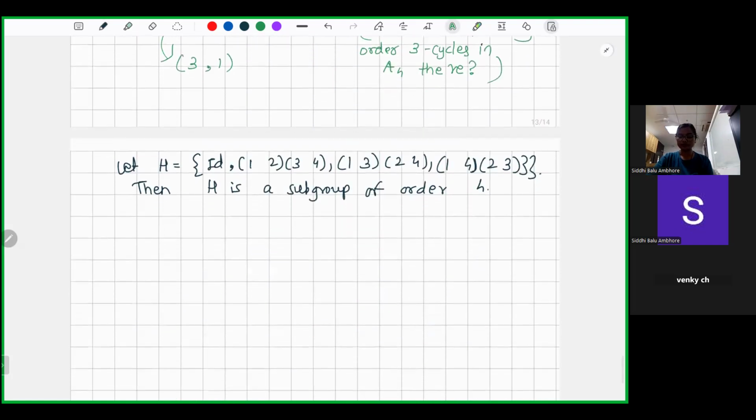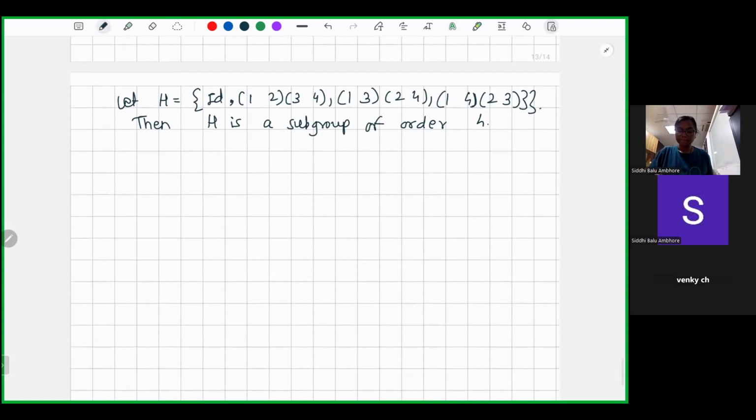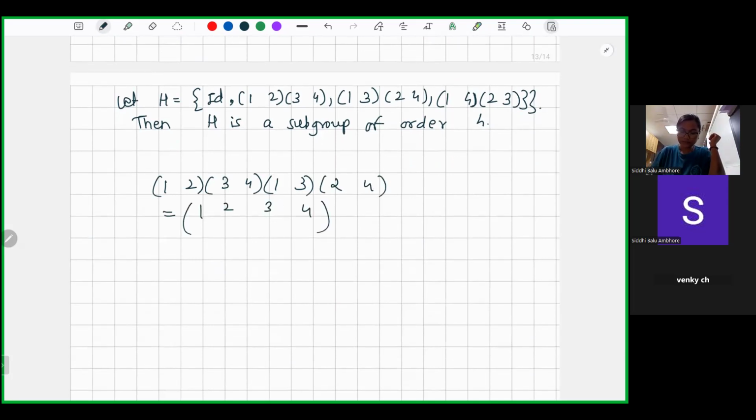So it's enough to, since the inverse and the element are the same, the elements are self inverse. So if I do this 2 4, you can calculate.